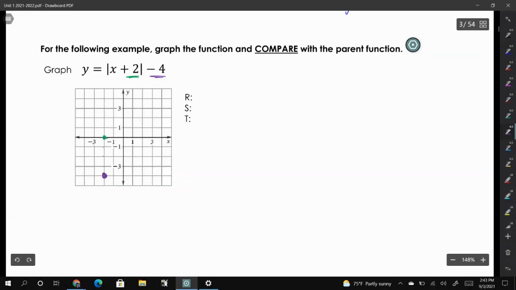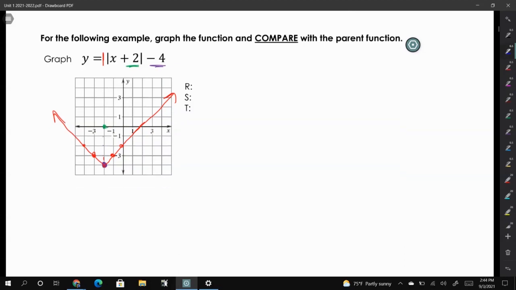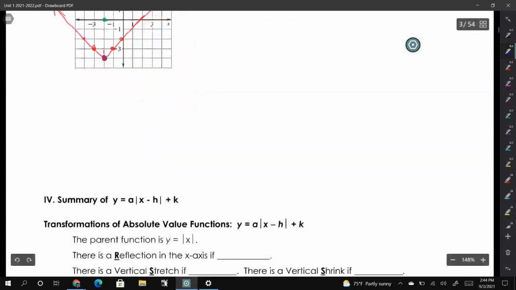Now, the number in front, there is nothing there, so it's an invisible 1. That means our graph is going to go up one, left one, up one, left one. That's going to be one side of our graph, and the other side will go up one and right one, and our graph will look like this. We're not going to compare this because we're going to do the summary down here.